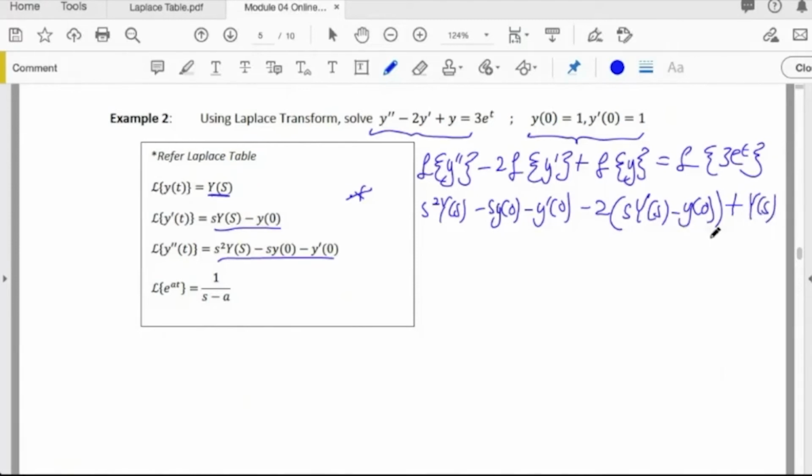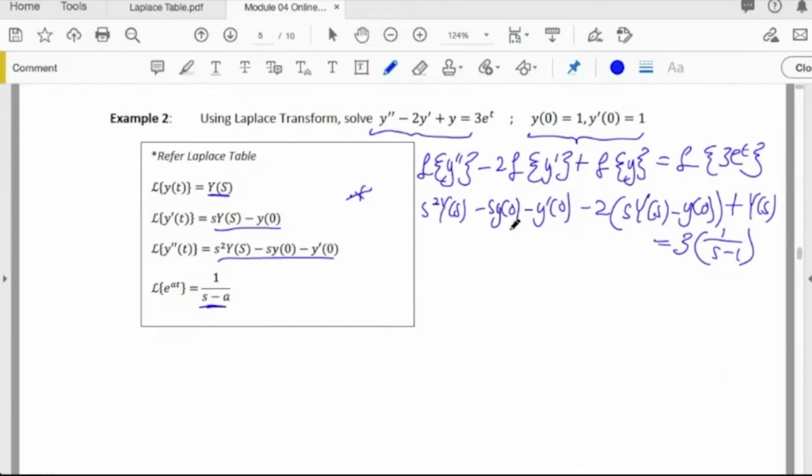And this whole thing will be equal to the Laplace transform of these things. 3 is a constant, so you can bring it outside. e^t is similar to that part where a is -1, so you have 1 over s minus 1.